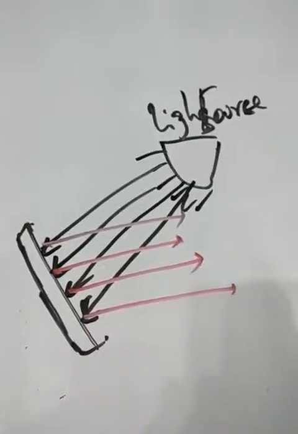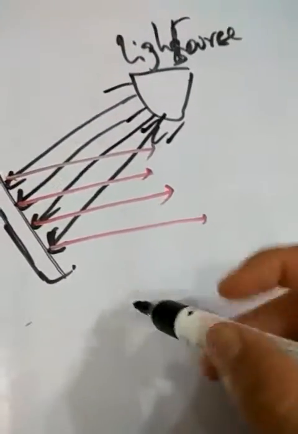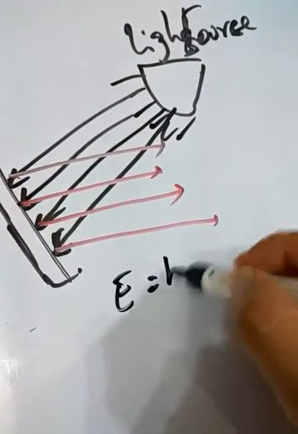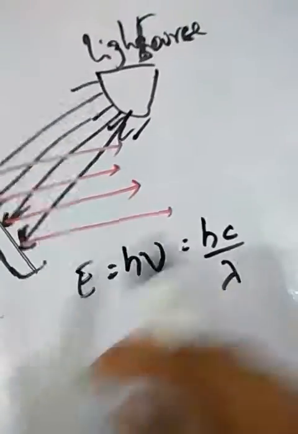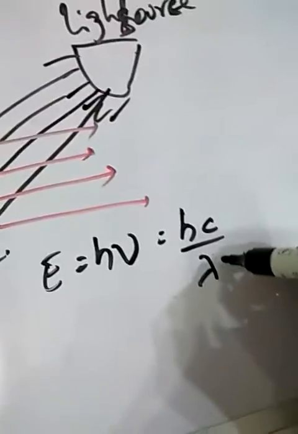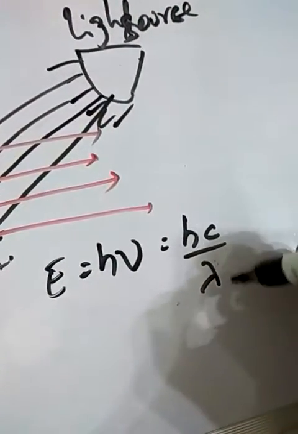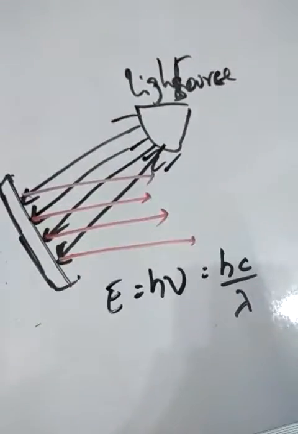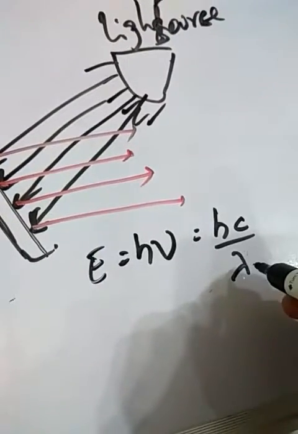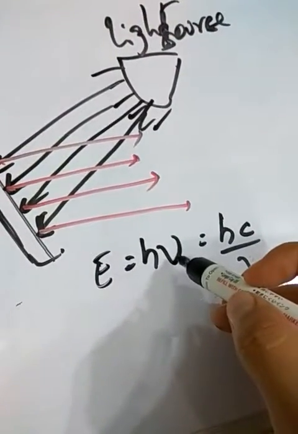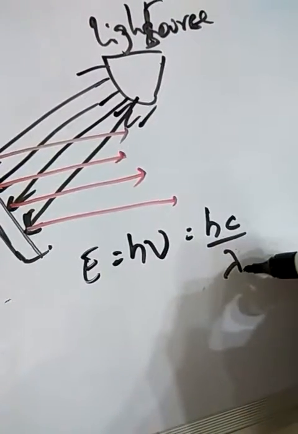The statement says that the wavelength should be sufficiently small. What is the formula? From the formula we see that it's h nu, h c by lambda. If this lambda is small, this value becomes large. The statement could also have been for sufficiently high frequency or sufficiently low wavelength. It's the same thing. If the frequency is high, the energy is high. If the wavelength is low, again the energy is high because it's inverse proportionality.